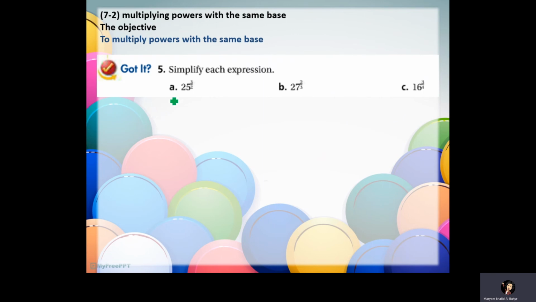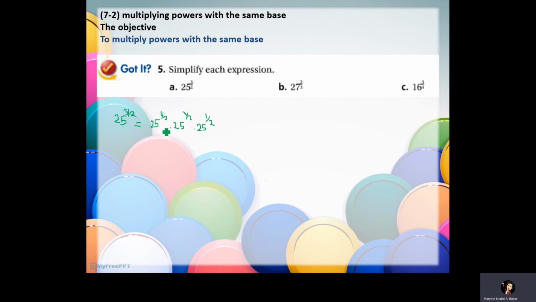So here we have 25 to the power 3 over 2. Same idea. I'll rewrite it: 25 to the power 1 over 2 times 25 to the power 1 over 2 times 25 to the power 1 over 2.